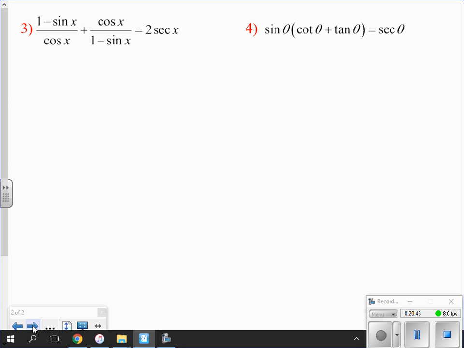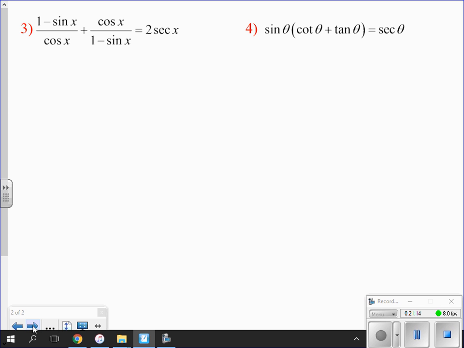Okay. This one does not look pretty. So which side is more complicated, the left or the right? The left-hand side is by far and away much more complicated. If you look at the right-hand side, it's 2 secant x. And normally, don't want to work with secant x, but make a note, what is the secant?